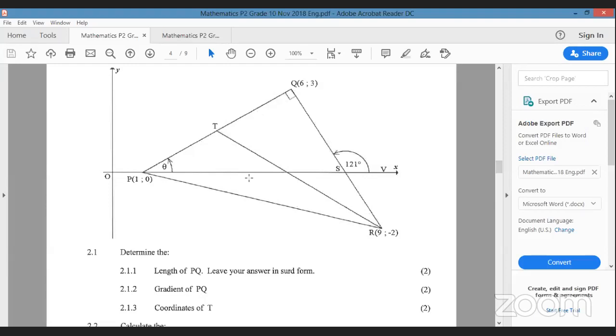But if they were asking you to calculate the gradient of PR, it was supposed to be negative because the slope is going downwards. Because here the slope is going upwards, the gradient must be positive. That's another way to check whether your gradient is correct or not. Okay, cool.